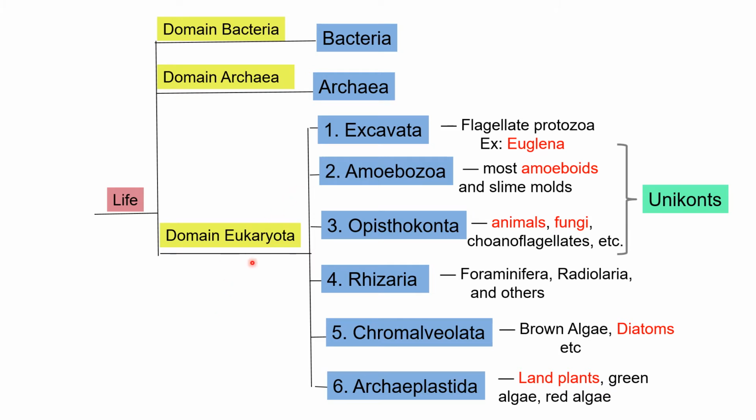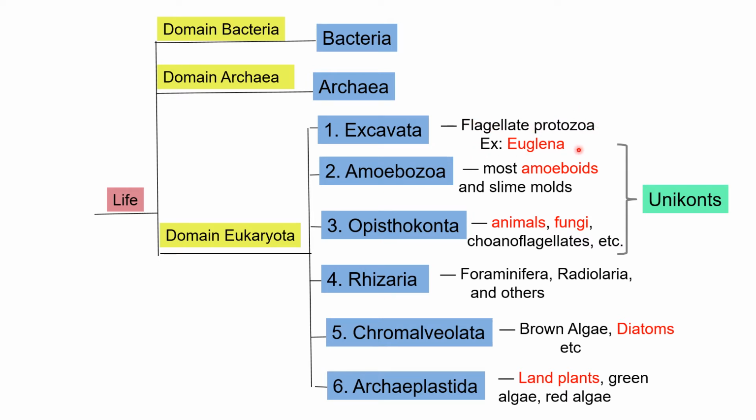So domain Eukaryota is divided into Excavata, Amoebozoa, Opisthokonta, Rhizaria, Chromalveolata, and Archaeplastida. You can see over here that Excavata, for example, includes protists, specifically flagellated protozoa.